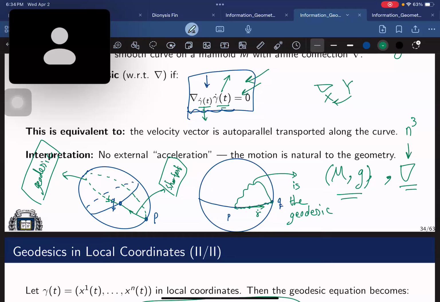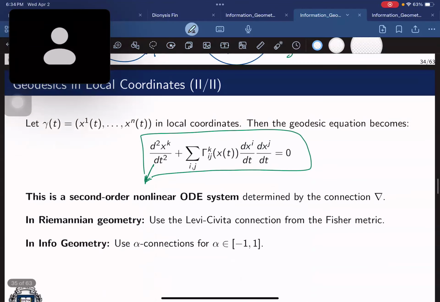I can come up with a connection such that this thing would be the resulting geodesic. So we have one thing, which is our geometry, and then we have this connection. So the next question could be, what's the relationship between the connection and the geometry? So the concept of geodesic, is it clear?